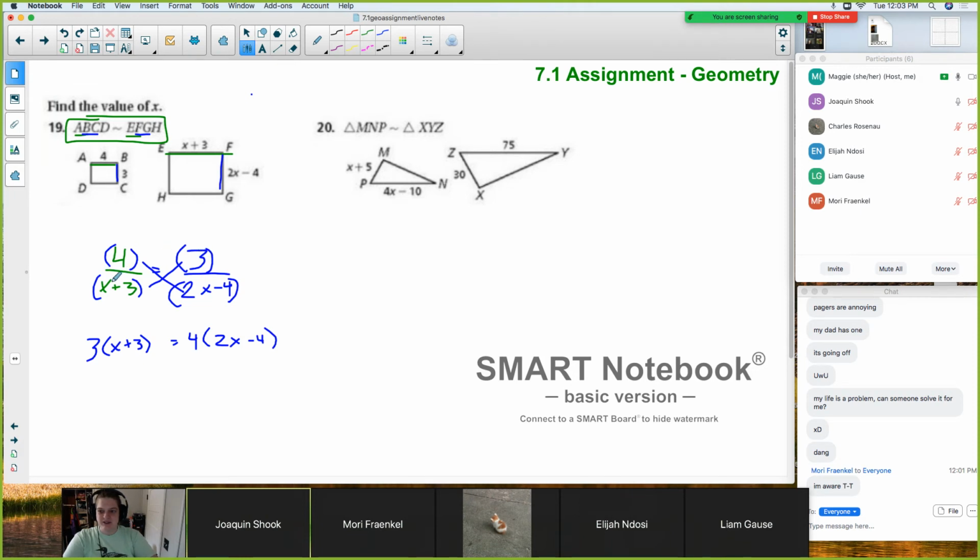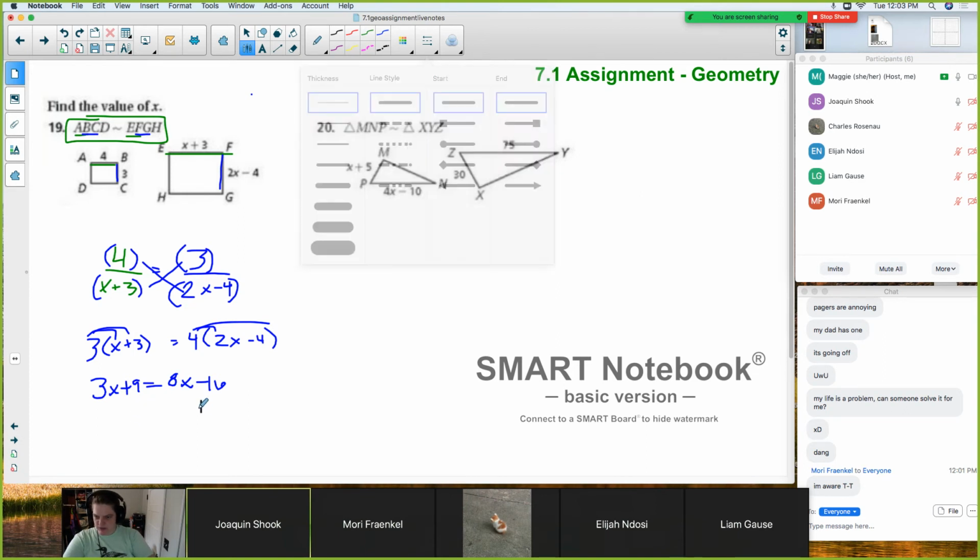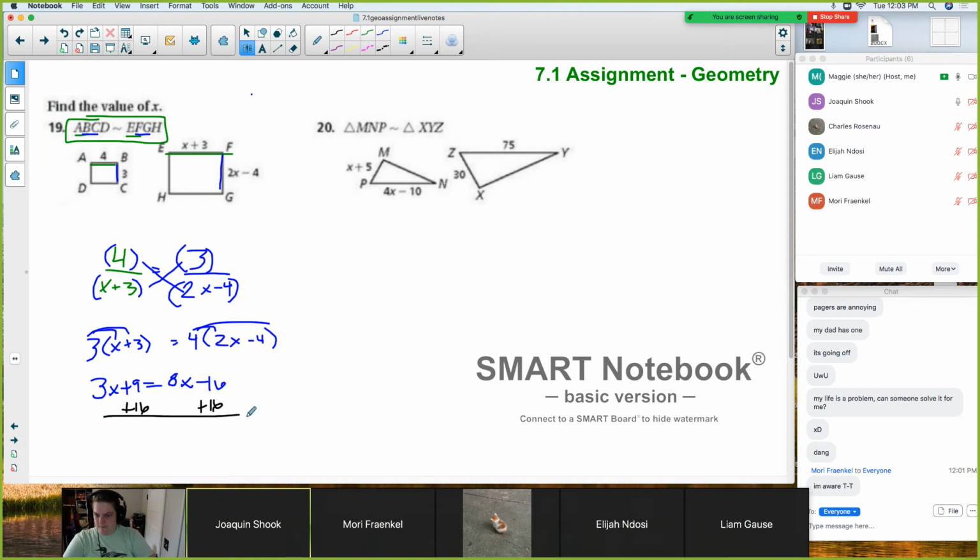So it is actually going to be multiplied into both of these pieces, meaning 3x plus 9. And then over here, the 4 into both of these pieces, meaning 8x minus 16. Woohoo! And so if we move our numbers with our numbers, that's a positive 16 that I want to move over.